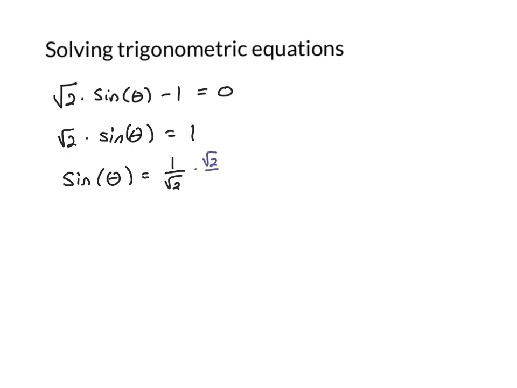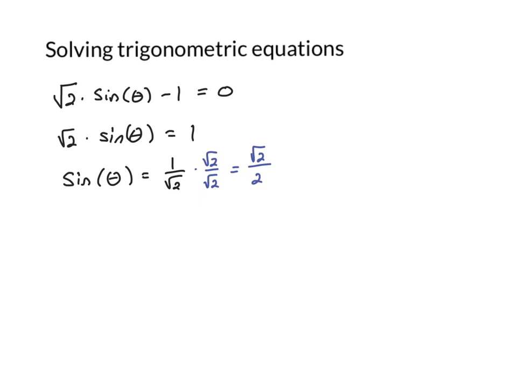If I multiply top and bottom by square root of 2, you would see that this is the same thing as the square root of 2 over 2. So I need to know what values I plug into the sine function to give me an output of the square root of 2 over 2.